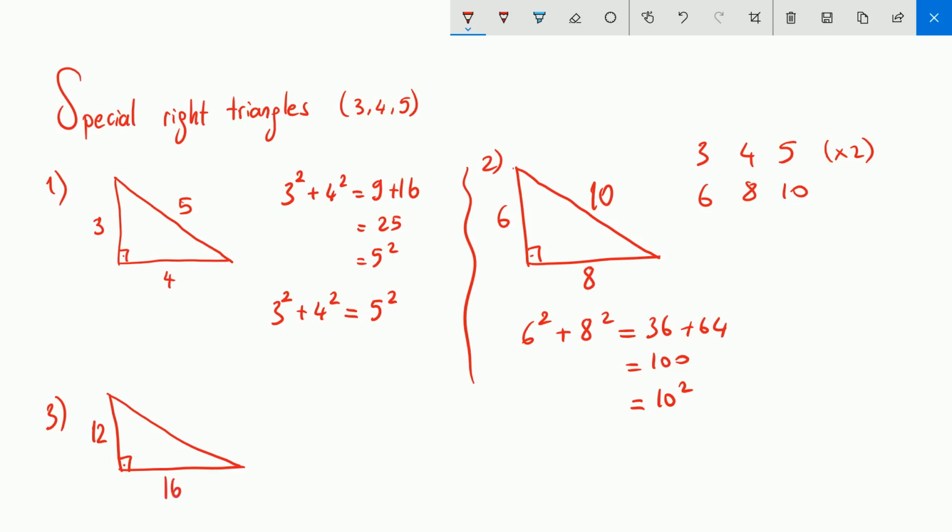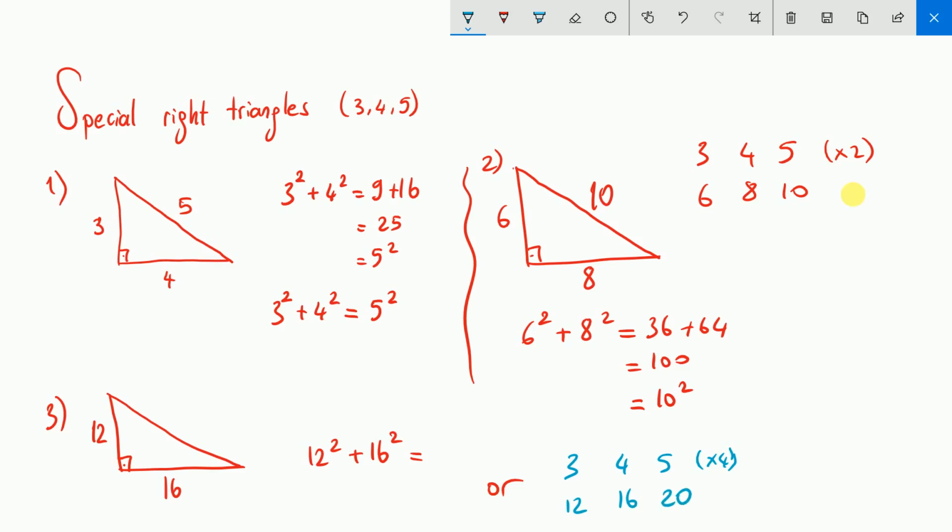The longest side is going to be, we can use the Pythagorean theorem, 12 squared plus 16 squared, but it takes time, I think, or we can use another way. 3, 4, 5 is a special triangle, and if I multiply by 4, this triangle is formed in this way. 4 times 3 is 12, 4 times 4 is 16, and 4 times 5 is 20.